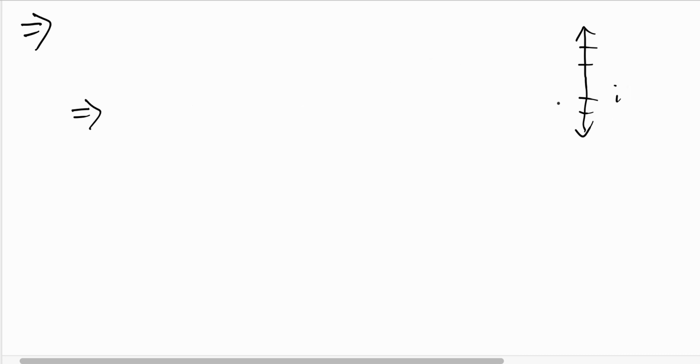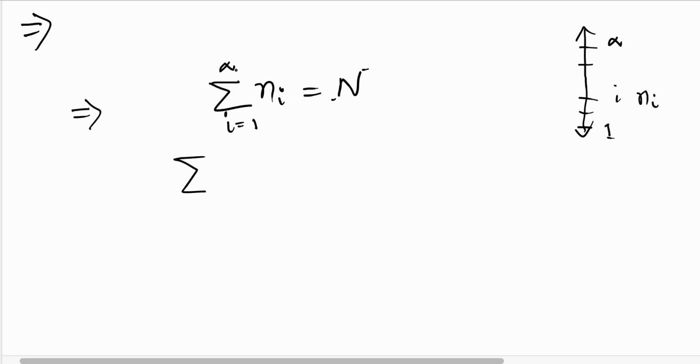If in the ith stair there are n_i identical marbles, then the summation of n_i should be N, because a finite number of marbles are there, where i goes from 1 to infinity, since there is an infinite number of stairs.